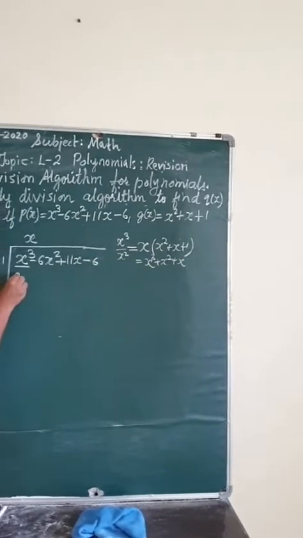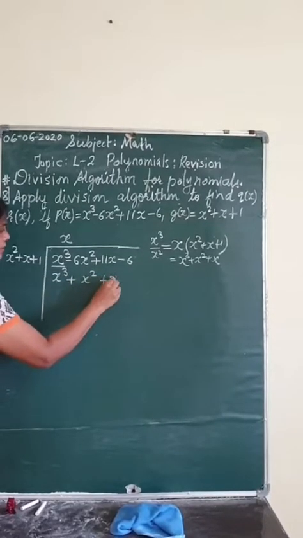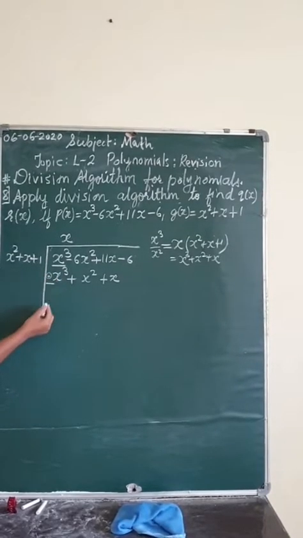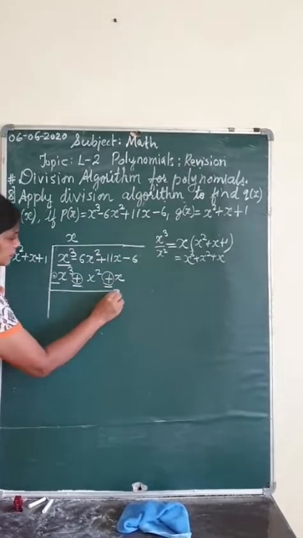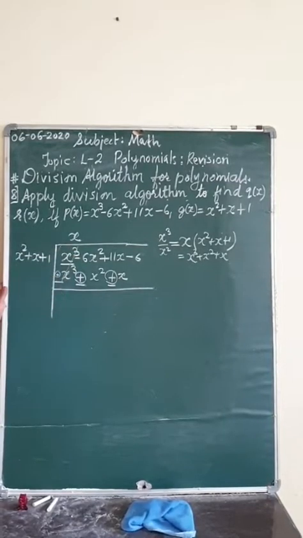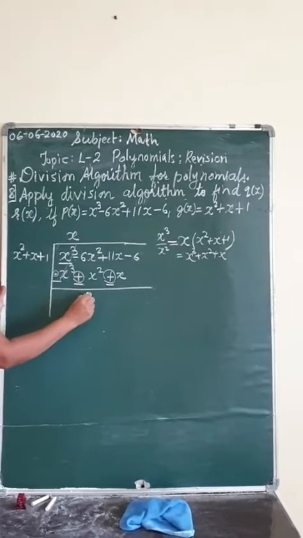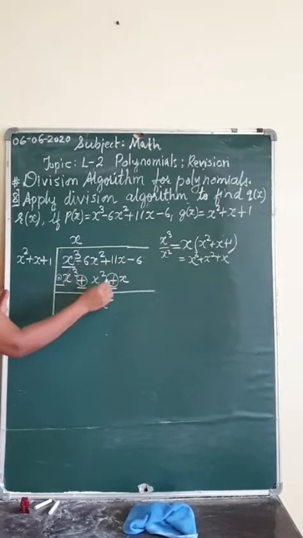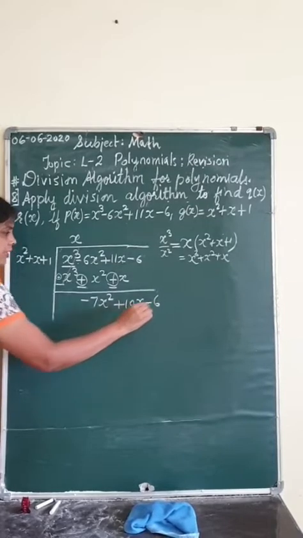Now this expression we write here. Now subtracting it, this plus will become minus, this will become minus, and this will become minus. x cube minus x cube cancelled, minus 6x squared minus 1x squared gives us minus 7x squared, plus 11x minus 1x gives us plus 10x, minus 6.